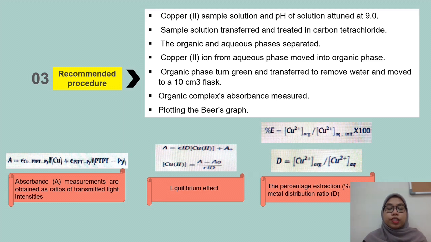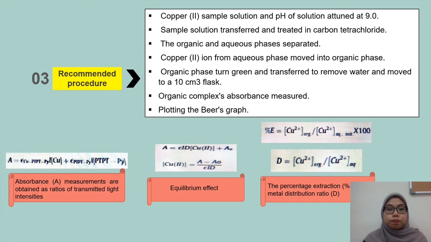The sample solution was transferred to a 125 cm³ separatory funnel and treated with 0.01 mol per liter PTPT and 0.1 mol per liter synergist pyridine in carbon tetrachloride. The organic and aqueous phases were separated by shaking the separating funnel by hand for 10 minutes in a steady rhythm.